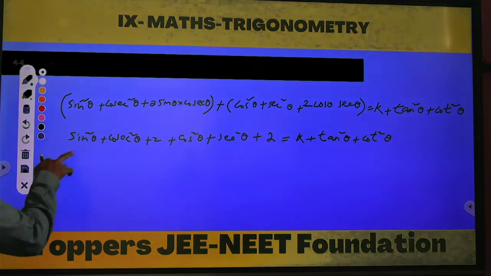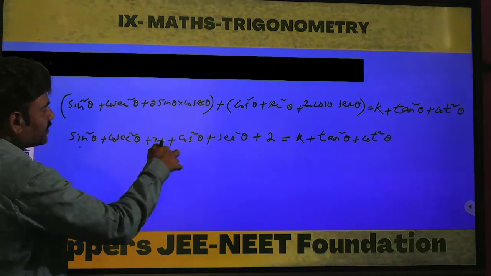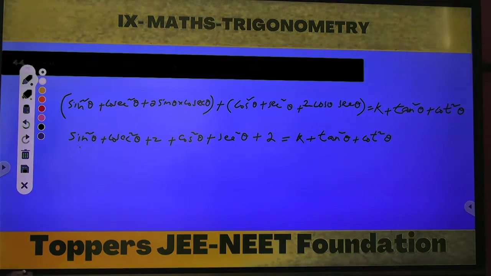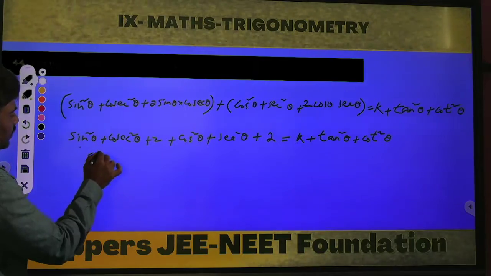Here you can observe sin square theta is there, cos square theta is there. Write sin square theta plus cos square theta as one pair.